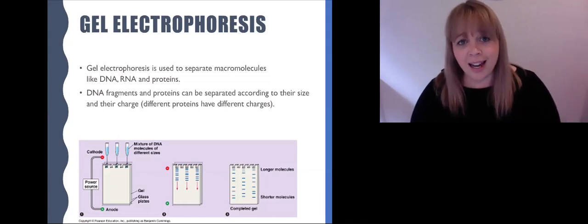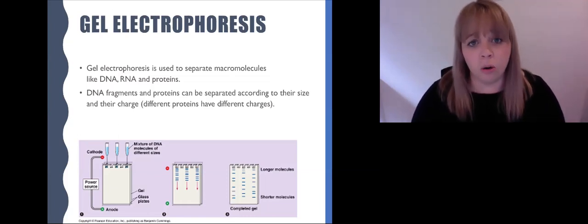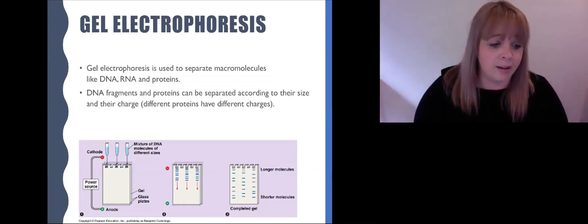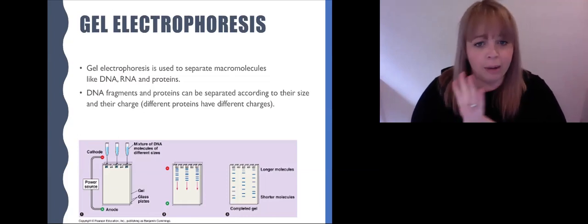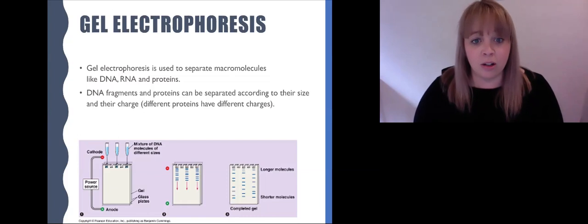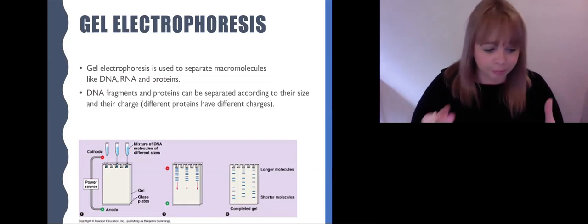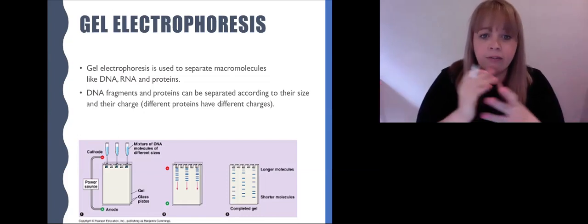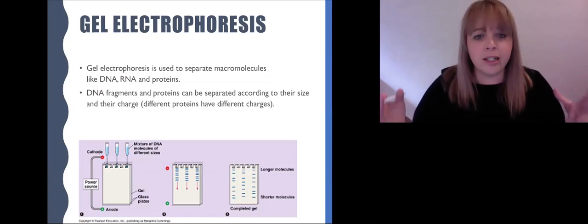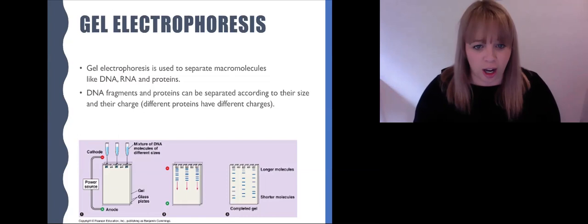So what we do instead is we use a process called gel electrophoresis to separate out different sized fragments of DNA. And you will see this, it makes so much sense when you do it. And I'm hoping that you really enjoy this process as well. So we can separate DNA fragments and proteins, but mostly we talk about DNA, according to their size and their charge.